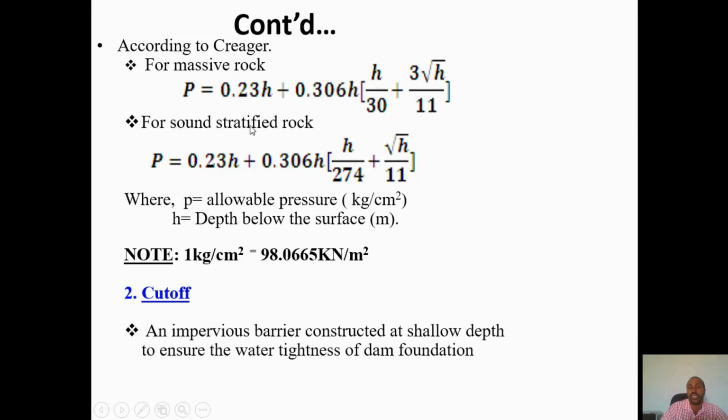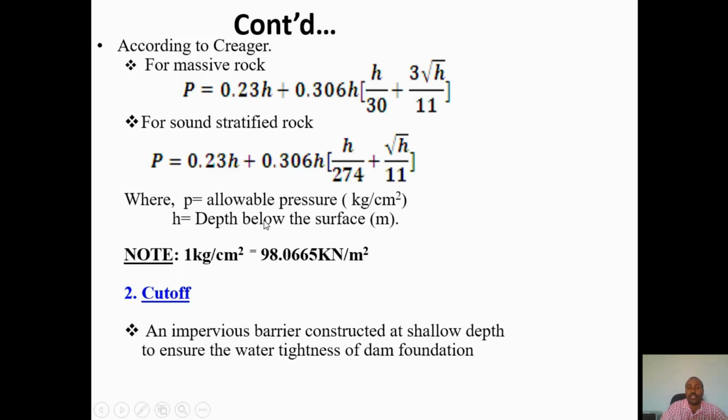Otherwise, for sound stratified rock, layer by layer, P = 0.23 + 0.306 × h × log(h/274 + √(h/11)). Where P is allowable pressure in kilogram per centimeter square and h is depth below the surface. So this is an important formula.